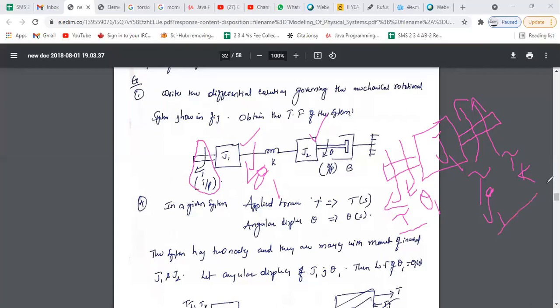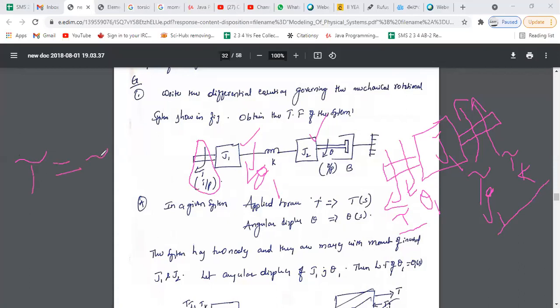Similar to Newton's second law of motion in the translation system. What are the applying torques here? Tau, sir. Tau equals tau J1 plus tau K, sir.